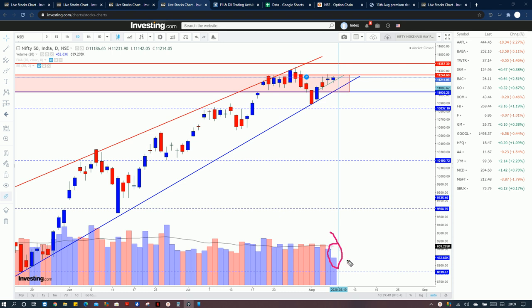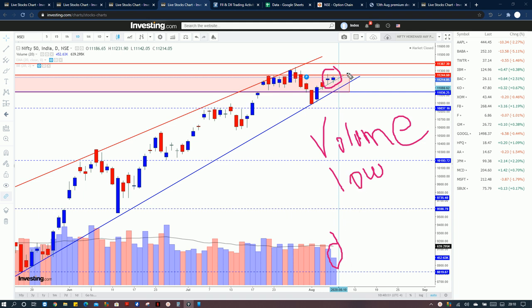Even for the past 2 days it is below average. These two candles are not volume supported. So we need to watch out for this level, because a volume supported candle should be seen so that this up move can be sustained.